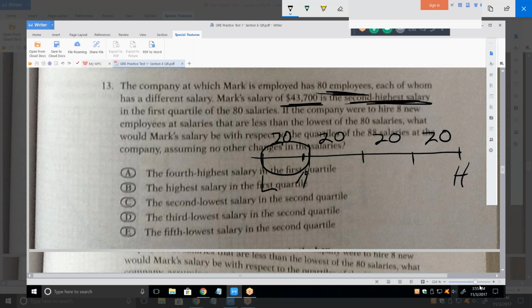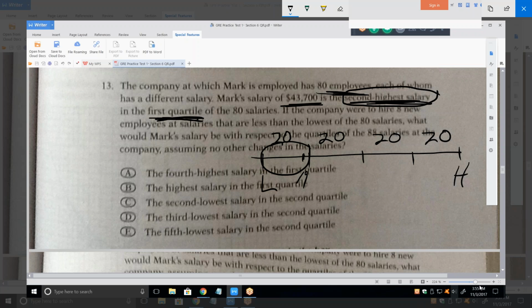So I have a question about this. I'm just conceptually a little confused here. Go ahead. If there are 80 employees and 4 quartiles, you say he's the 19th highest. Well, he's the second highest in the lowest quartile. And there's 20 in each quartile.